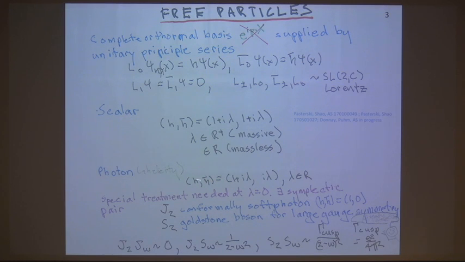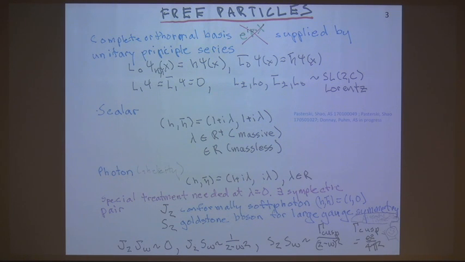For a photon, h minus h bar is 1. And I could have the other helicity too, but it's 1 plus i lambda, again, lambda real. But you need to look carefully at the case lambda equals 0. There's a Hermitian product that comes from the Klein-Gordon product that pairs 1 plus i lambda with 1 plus i lambda, and there's a delta function of lambda and minus lambda.